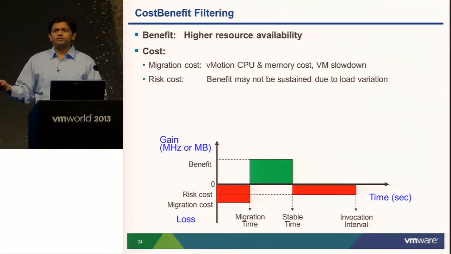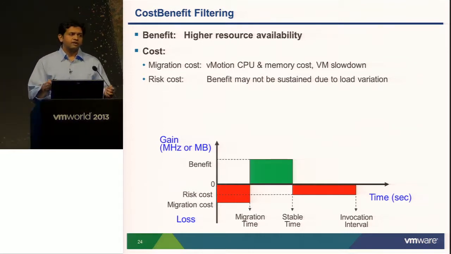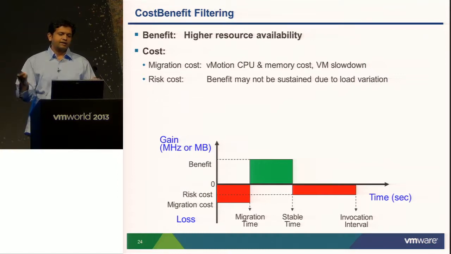So to avoid this scenario, DRS considers a risk cost, and if the VMs are very unpredictable, then DRS would add a higher risk cost.